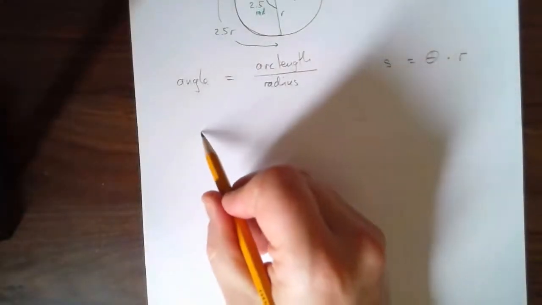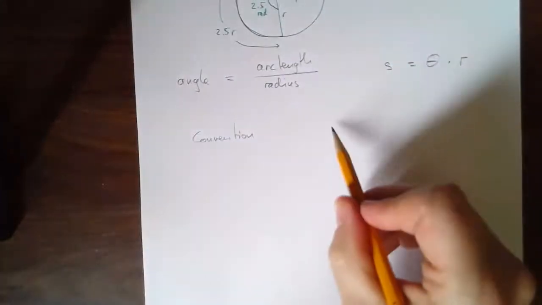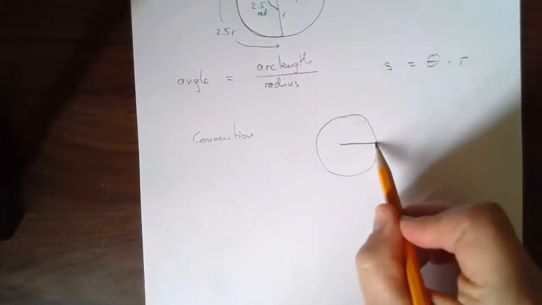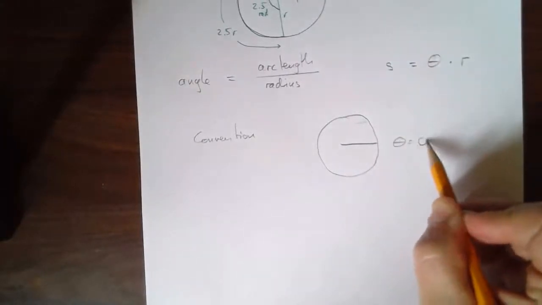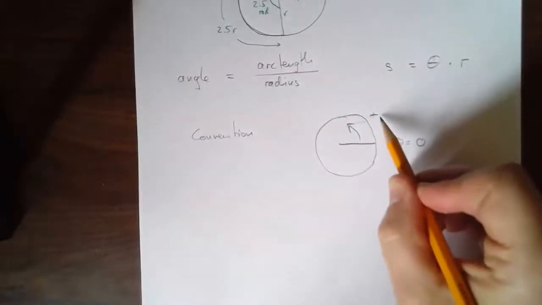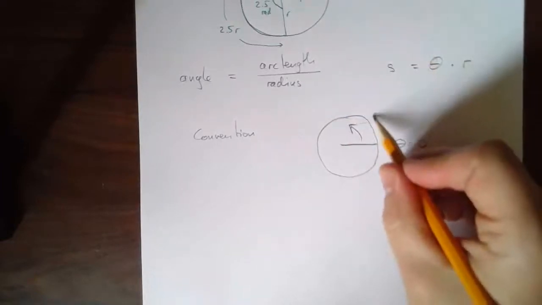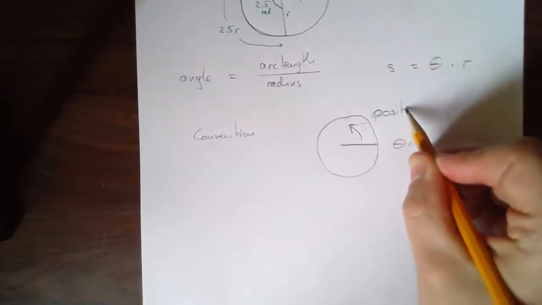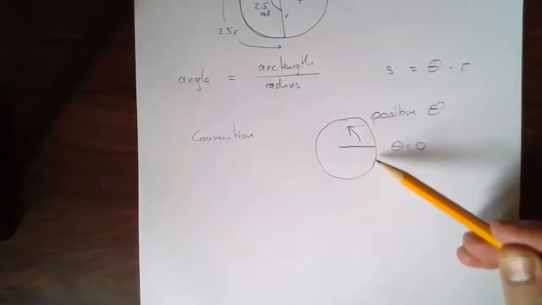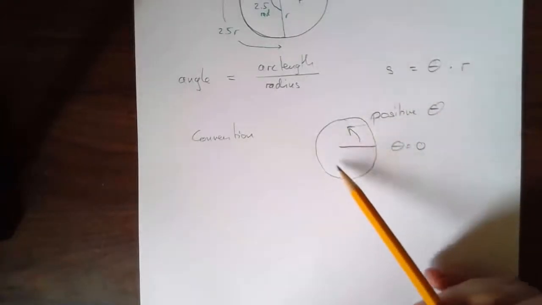So the convention is, and this is not always the case, it doesn't always have to be done, but more often than not, we say this is theta equals 0, and then this direction, counterclockwise, is positive theta. So if I have a negative theta, I'd be down here, positive theta this way. Of course, I can go all the way around.